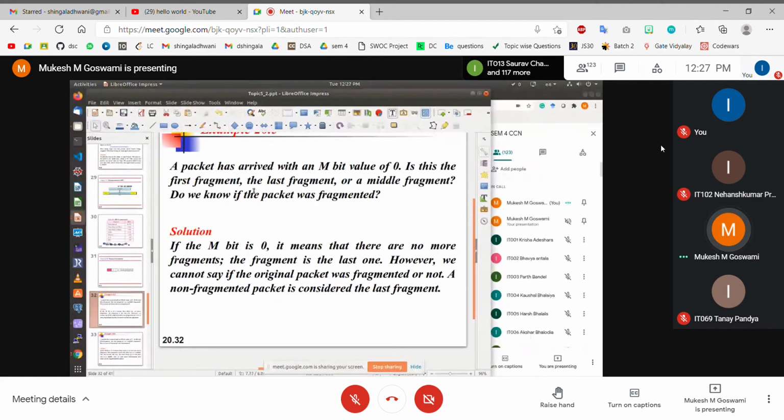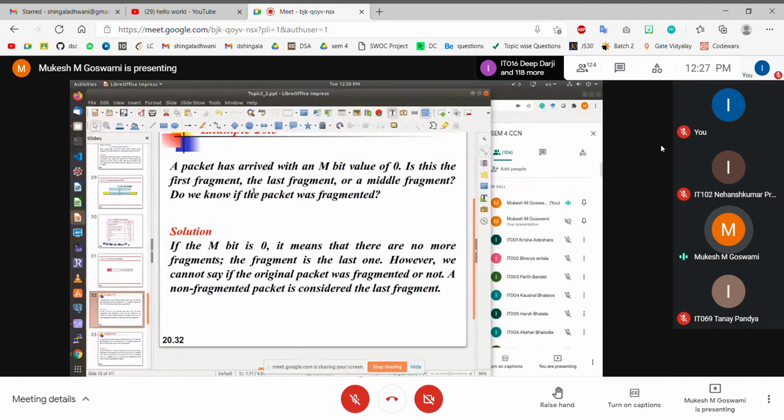A packet arrived with an M bit value equal to 0. Is this the first fragment, the last fragment, or a middle fragment? Do we know if the packet was fragmented or not? So M equal to 0 means what?